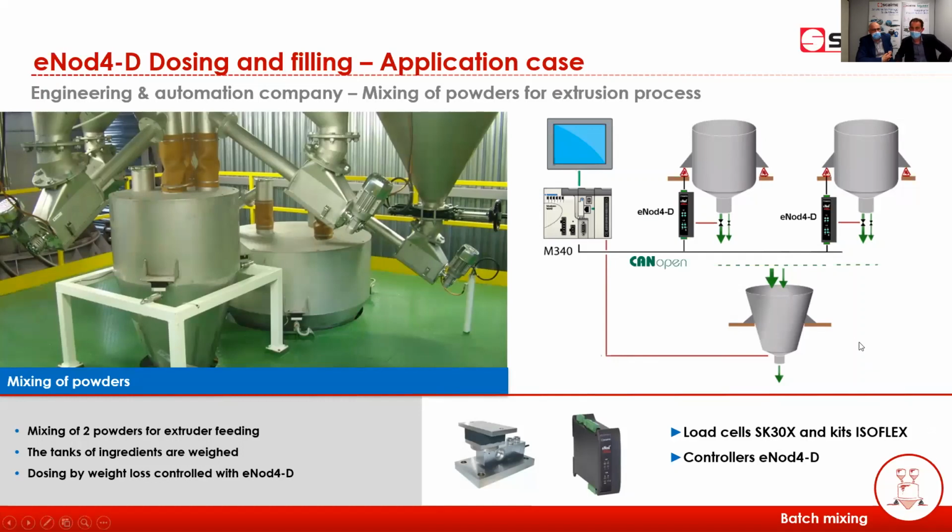As you can see from this drawing, you have 2 tanks with different powders inside. Each powder is dosed, filled by batches into a main hopper that will be used for the extrusion process. Each tank is equipped with an eNod4 to perform batch filling cycles.